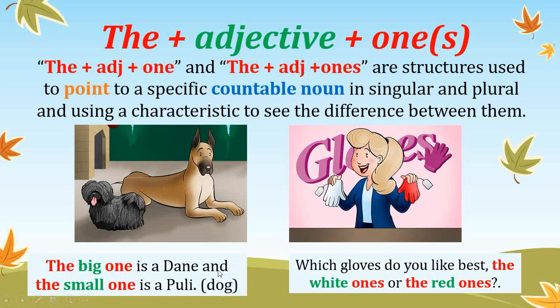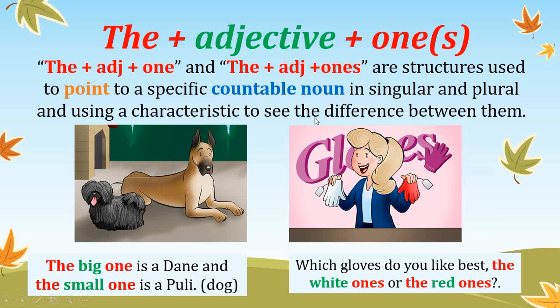And we know that we are talking about dogs because we are seeing them, and we are pointing to each one of them with an adjective that describes them.